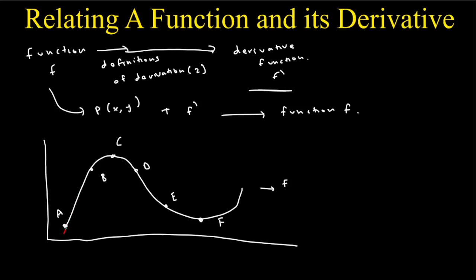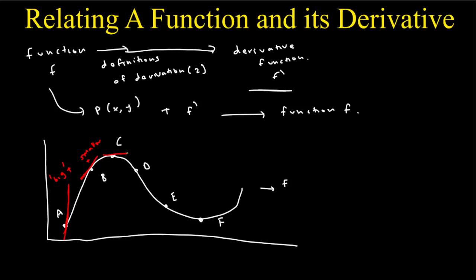At A, if I draw a tangent, it looks like a relatively big positive, so I'll write big plus. At B, the tangent line is still positive, but the slope is smaller, so smaller positive.